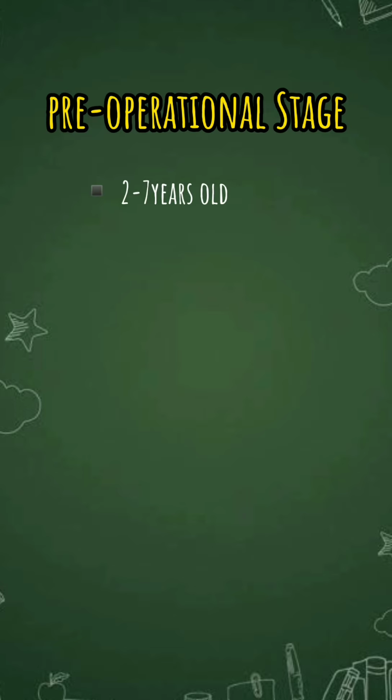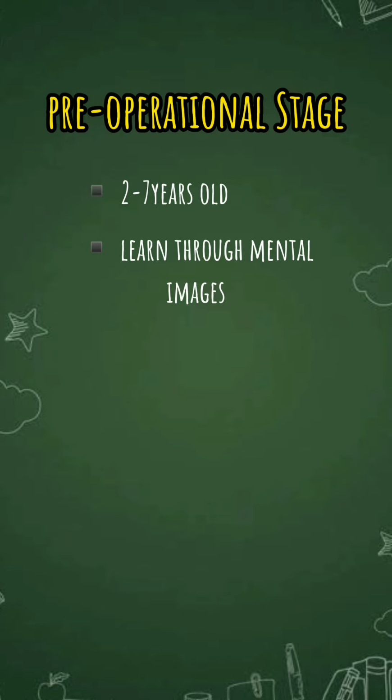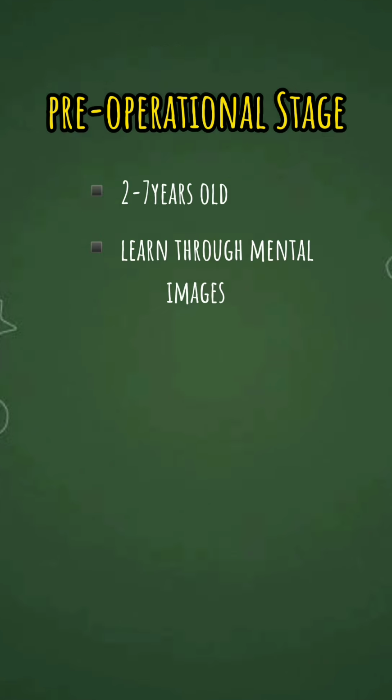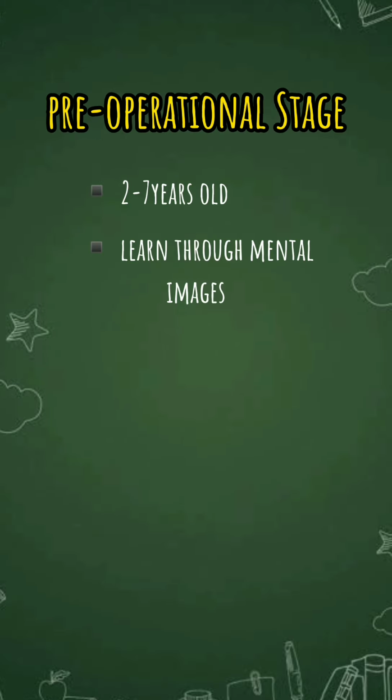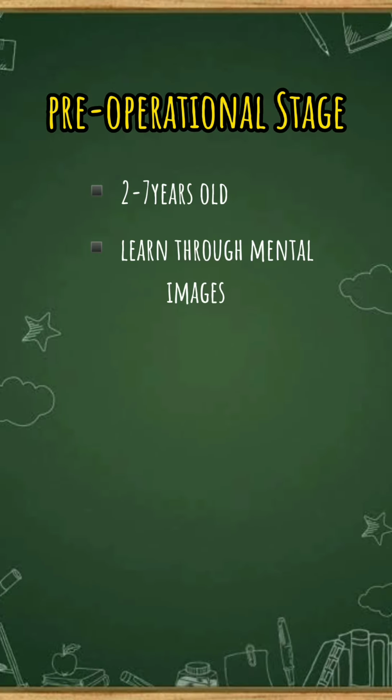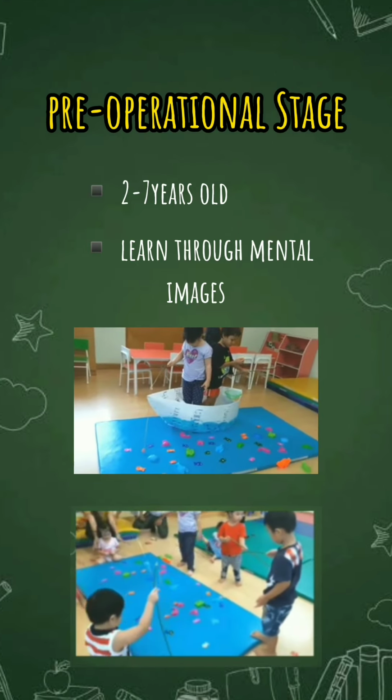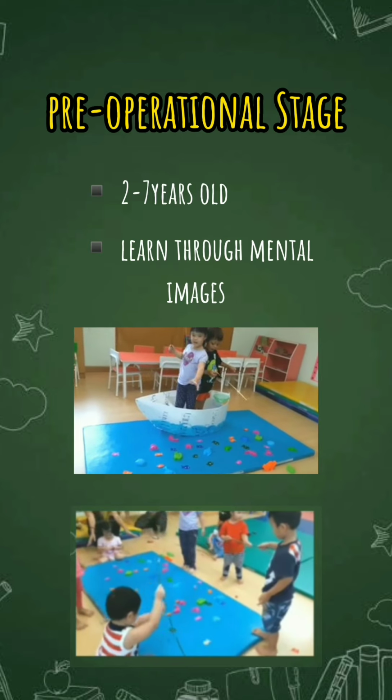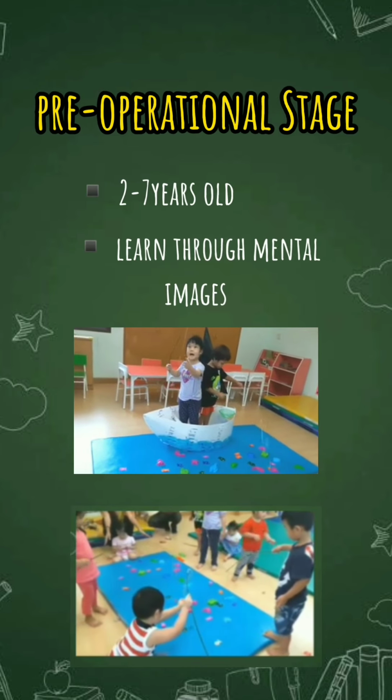This starts from 2 to 7 years old, with the ability to learn through mental images and attend to inanimate objects. In this stage, children often use imaginative and realistic thinking. Teachers in kindergarten, preschool, or second grade often make use of time and space in their classroom to help the children develop their early metacognition skills.